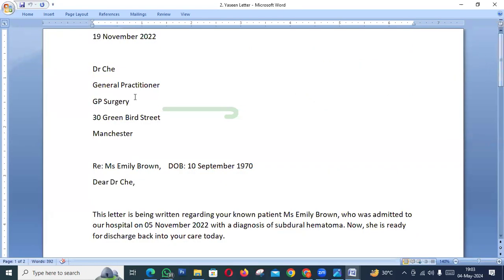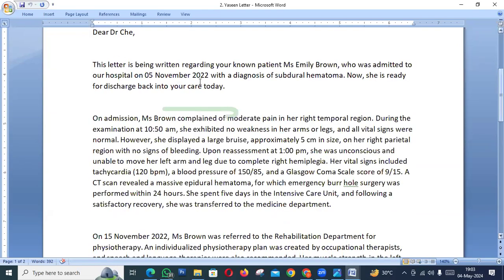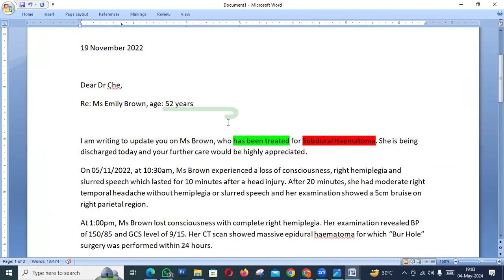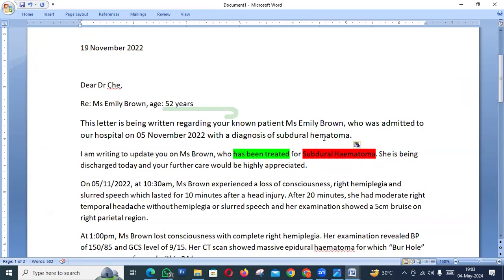And you need to improve your greeting part. I have already mentioned these things. "This letter is being written regarding your known patient. You don't need to say a known patient, Miss Anyone, who was admitted to our hospital on this date with the diagnosis of subdural hematoma." Okay. How many? 28 words. Let us copy here, 28 words.